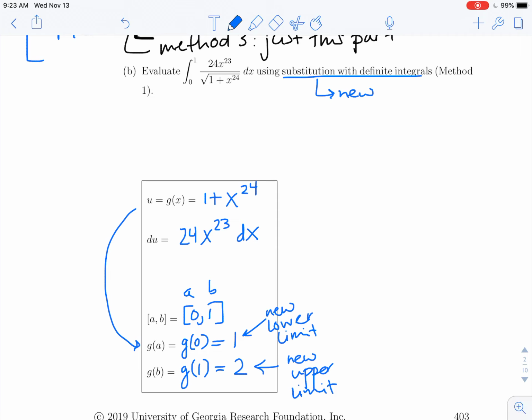So this time when we substitute, I'll go ahead and rewrite the problem just so that we can keep track of it a little bit easier. 1 over root 1 plus x to the 24th times 24x to the 23rd dx. Okay, so let's see, purple u, red du.